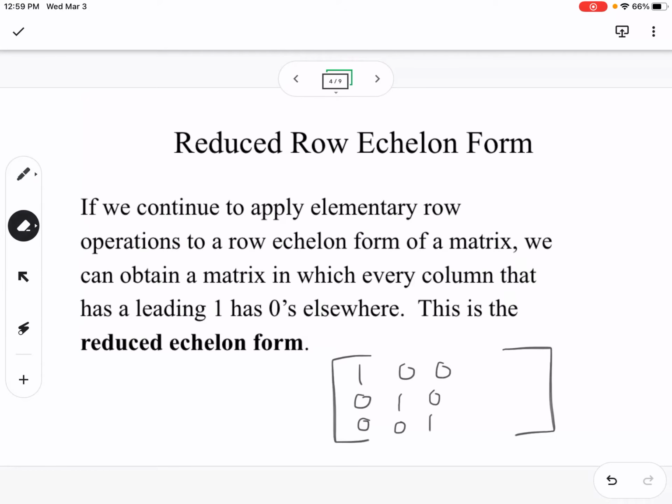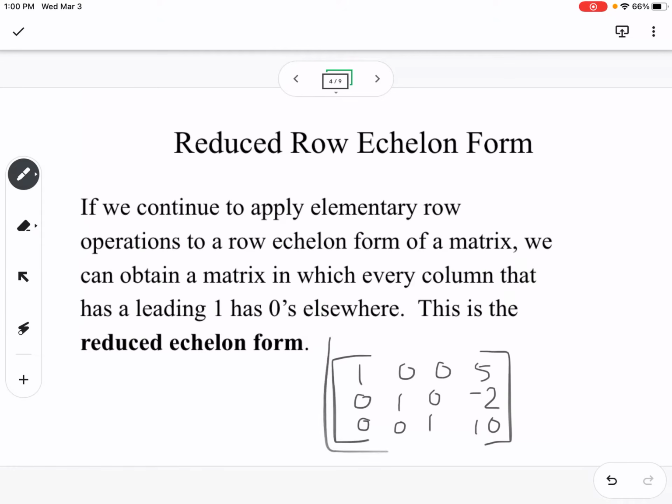I overshot how big I wanted my matrix to be. If you have an augmented matrix where you put in the solutions as well, you might have your answers over here. But you can see that this part right here is 1s and zeros. That's the difference between reduced row echelon form and just row echelon form.